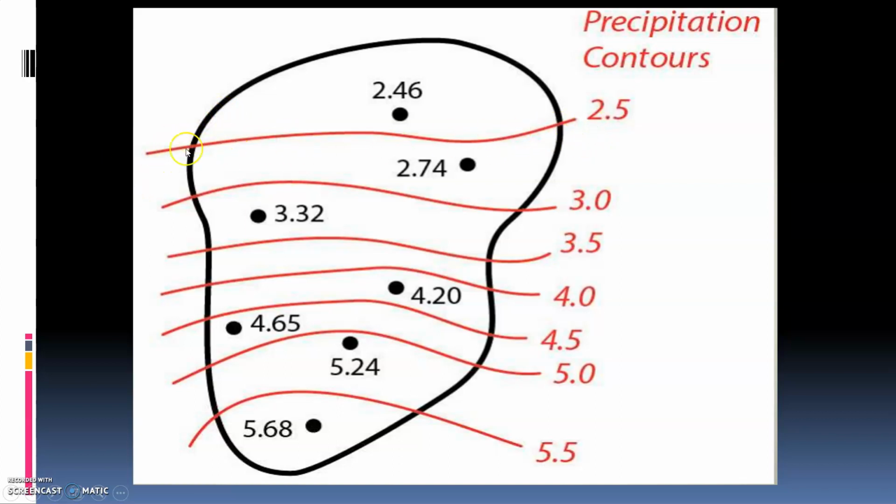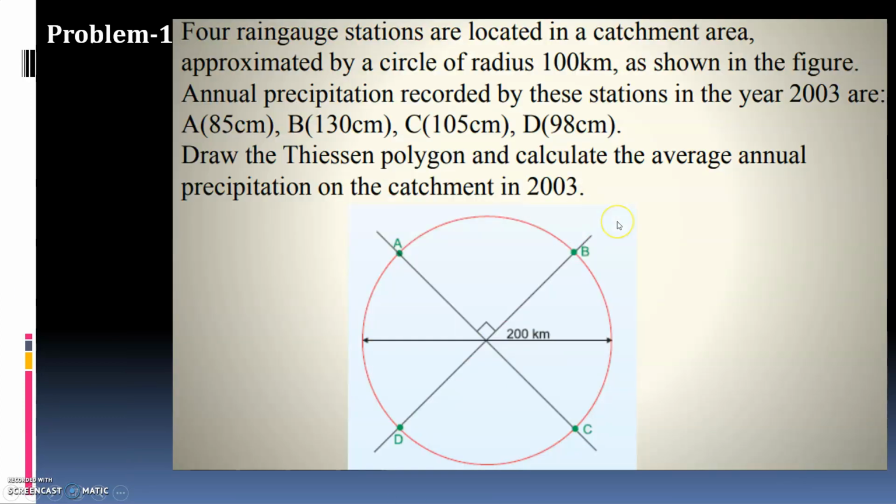So this is almost the same rainfall, so joining these two lines. Similarly for this 3, and this is 3.5, and this is 4, and this is 4.5, like this. These are the lines joining the points of equal rainfall.